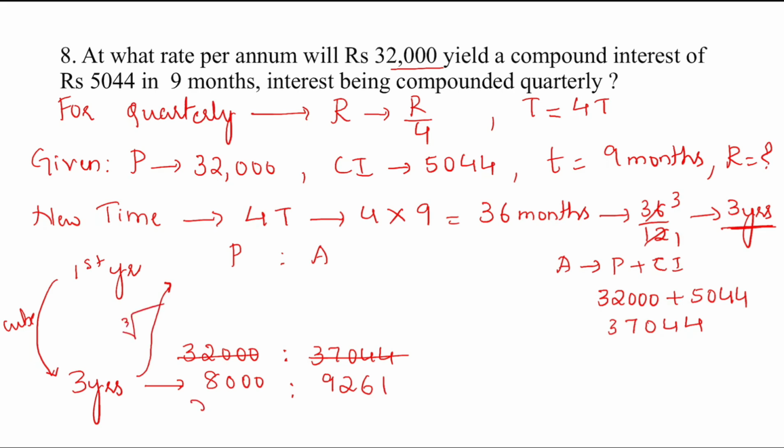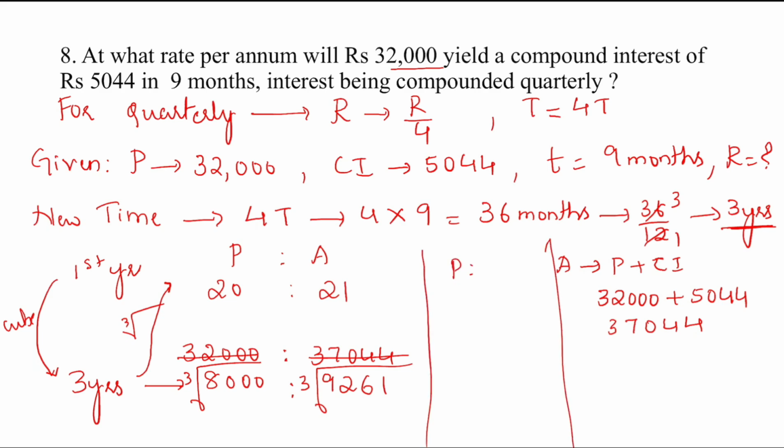So the cube root of 8,000 is 20 and the cube root of 9,261 is 21. So the ratio between principal and amount is now 20:21.